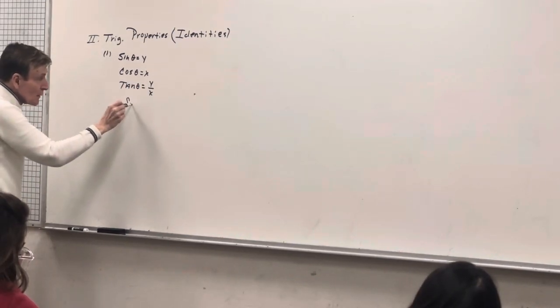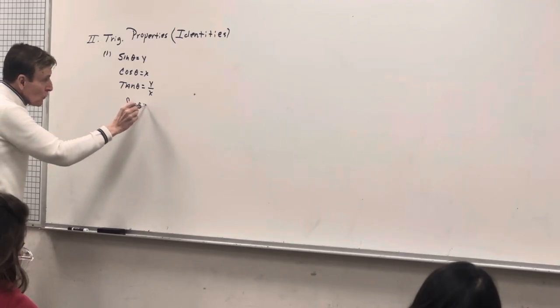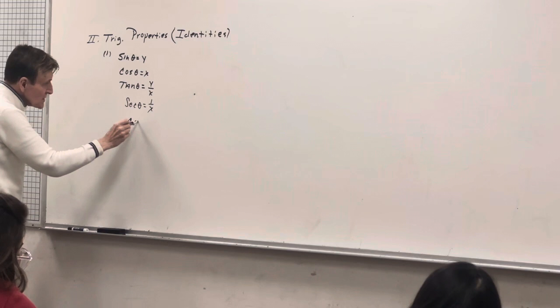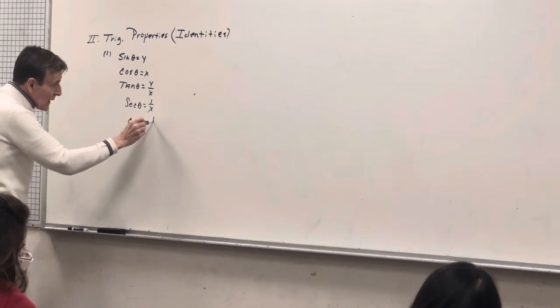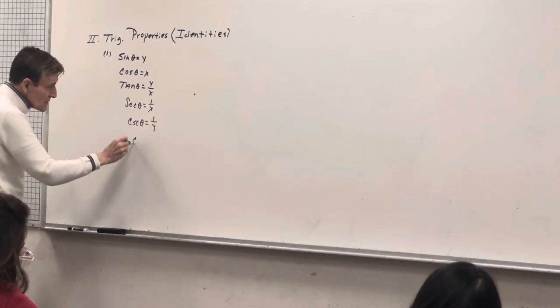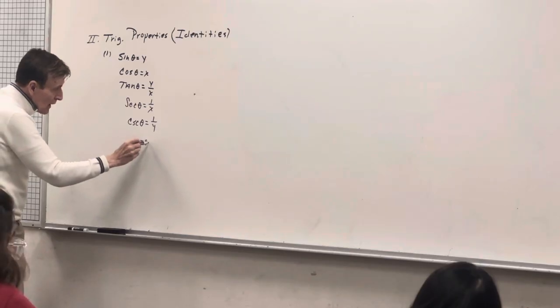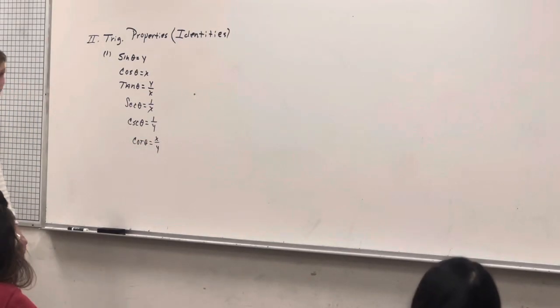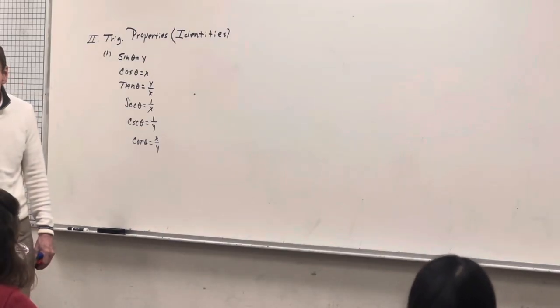Secant, 1 over x. Cosecant, 1 over y. And I think the last one was cotangent, x over y. Well, those are the definitions we had from yesterday.